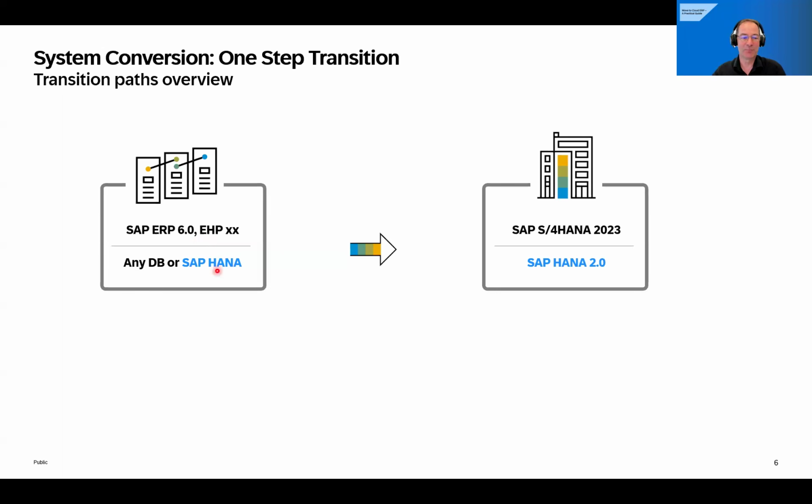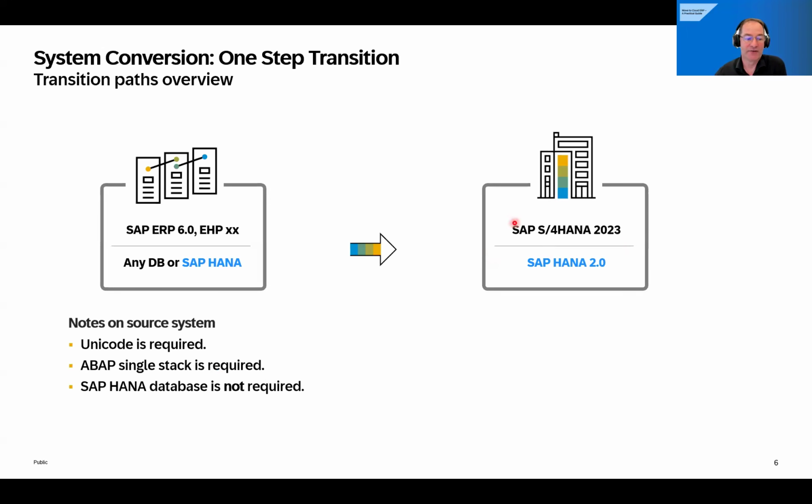This is possible independent of whether your source system is already running on SAP HANA database or any other of the supported database types we have in the classical ERP world. And we target, as mentioned, the SAP S/4HANA on-premise software or product version, which of course is always running on HANA database, so SAP HANA 2.0. The latest available release is 2023. And this is the main information about the one-step transition.